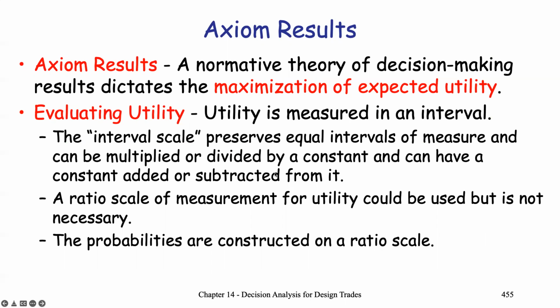The interval scale preserves equal intervals of measures and can be multiplied or divided by a constant and have a constant added or subtracted from it. A ratio scale of measurement for utility could be used, but is not necessary. The probabilities are constructed on a ratio scale. So we're trying to evaluate the utility of something and come up with some general constructs of what that actually might mean.